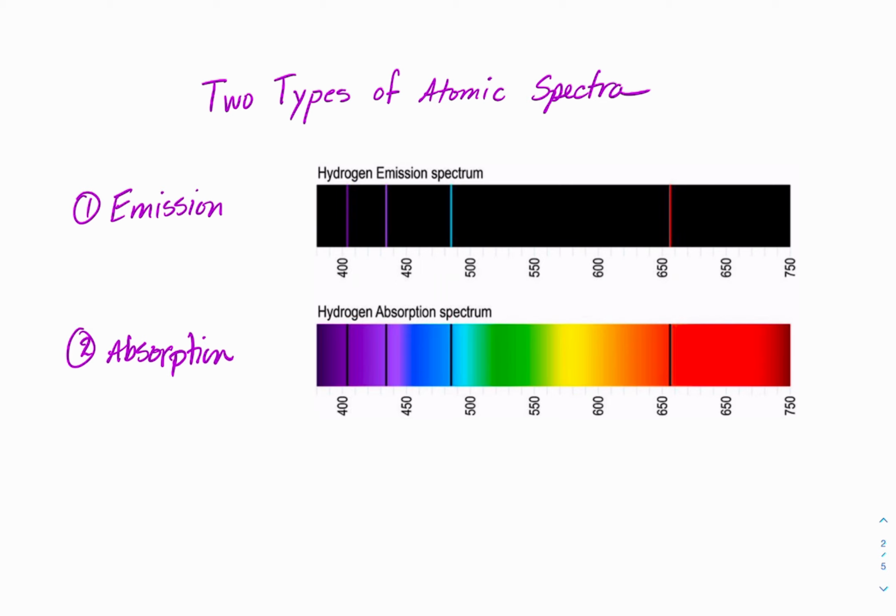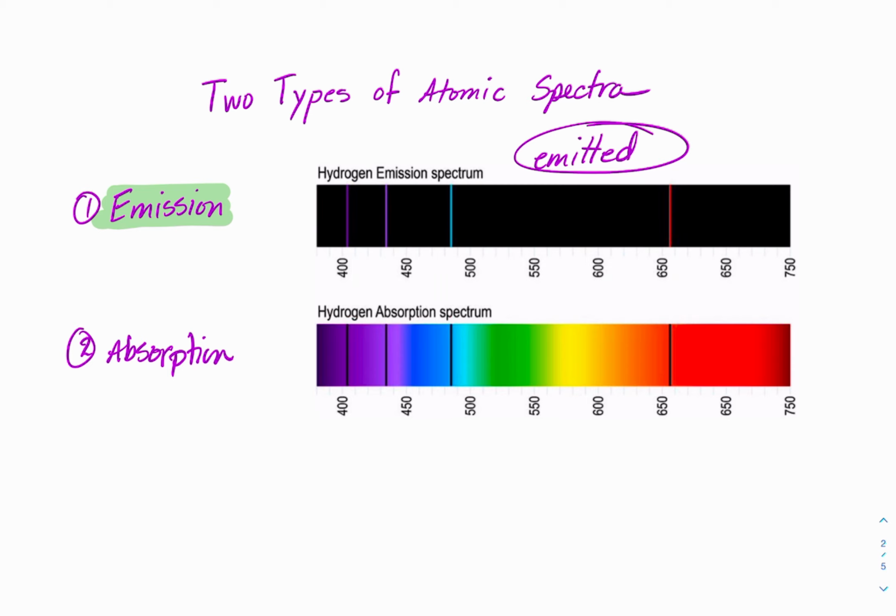The first one is what we call an emission spectrum, and that's the one that you just saw in the previous slide, where you only see the wavelengths of light that are emitted by that element. So they're giving off that wavelength of light.